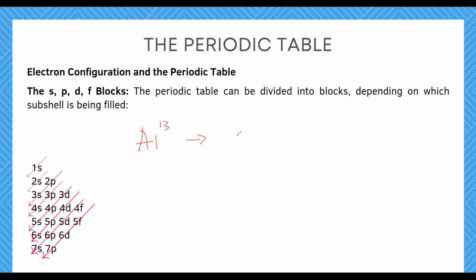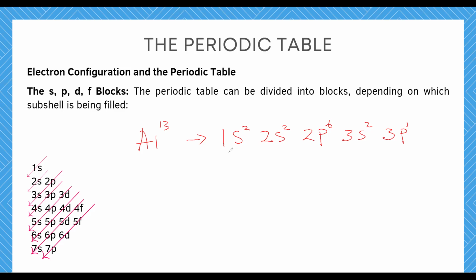Good. 1s2, okay, beautiful. 2s2, beautiful. 2p6, okay. 3s2, okay, beautiful. And then 3p1. That is 13 altogether.